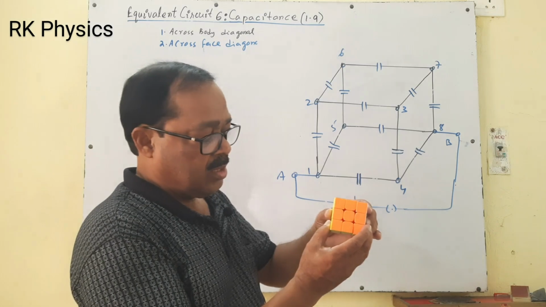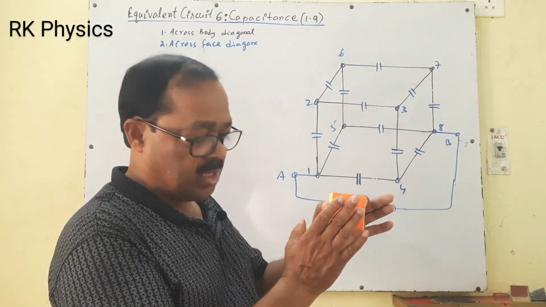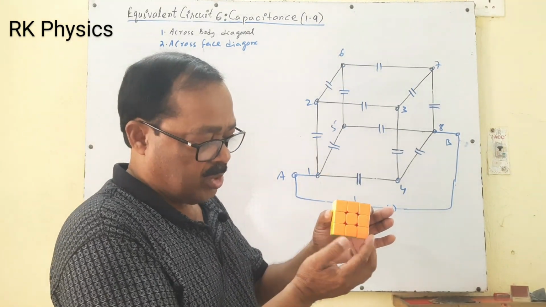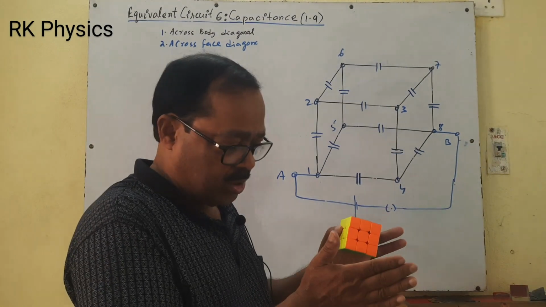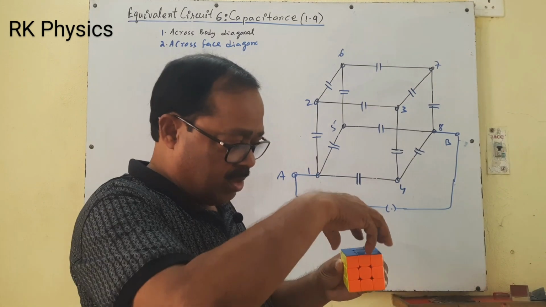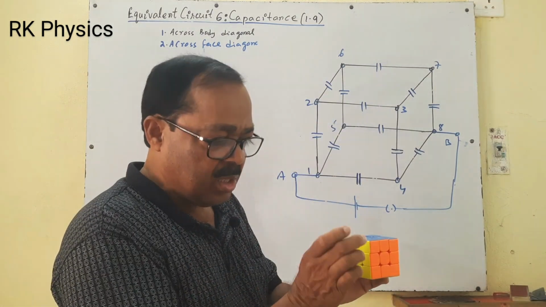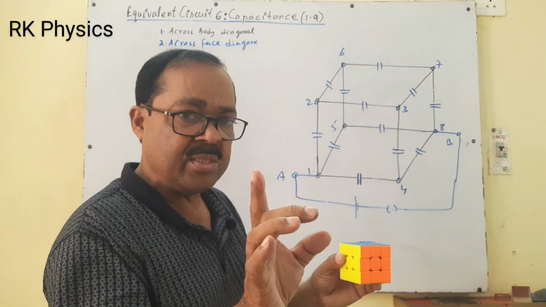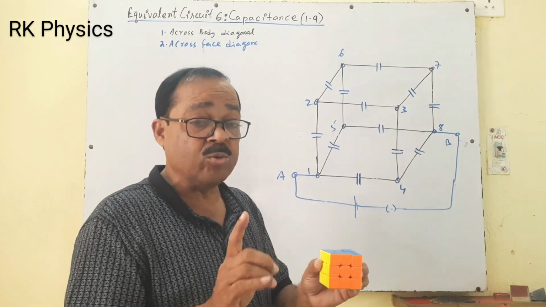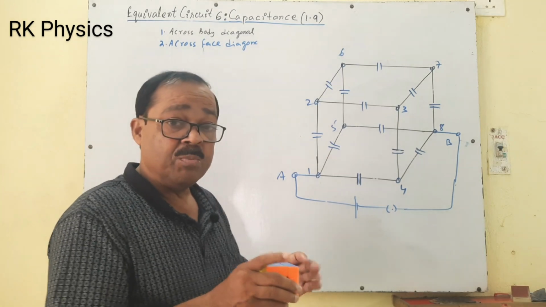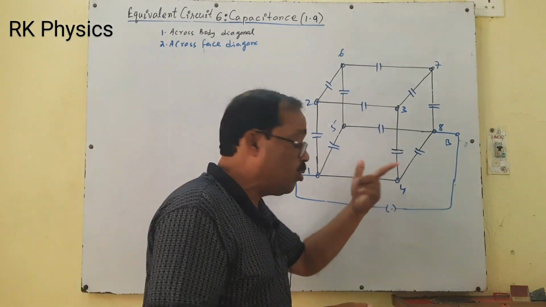Suppose imagine if I construct this body, it is not a cube. Imagine these are the wires. This portion is somewhat large, and this portion the length of wire is small, but there is a capacitance in each and every branch. Our aim is to calculate equivalent capacitance, but not to measure the length of a wire.